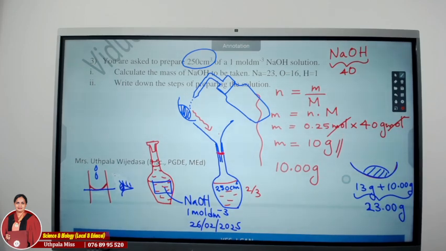Let's revise what we need to consider when preparing a standard solution. Just like any other chemical experiment, we need clean instruments, so cleanliness is very important. And for accurate results, we need accurate amounts of solutes. So weighing the solute accurately is also important.